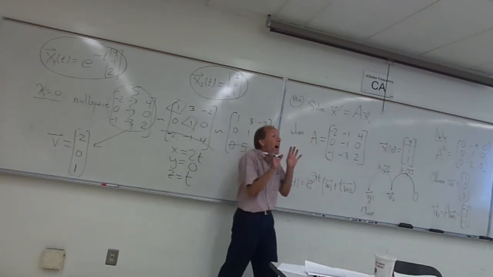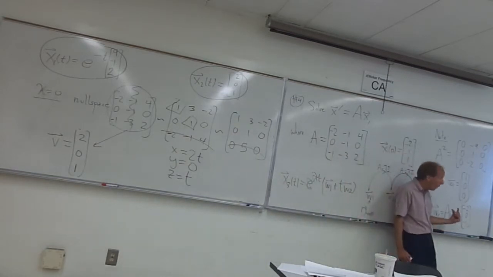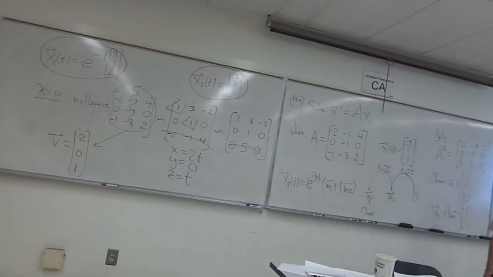Very important, you cannot change it. This W2 is required to be whatever A times W1 is. You can't change it back. The only thing you could have done is if you had chosen W1 to be that, now you would have changed these signs and it would have been that W2 is equal to V. But that should not be your concern.